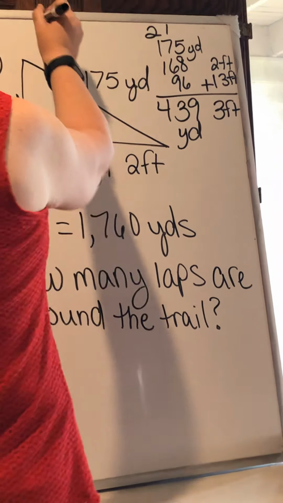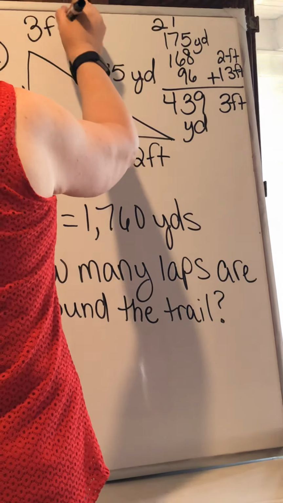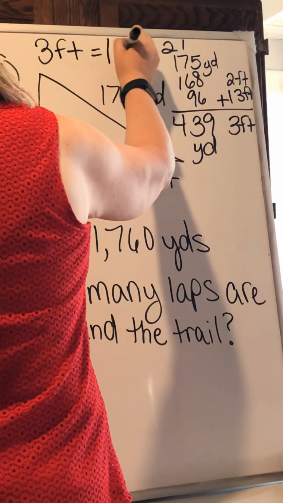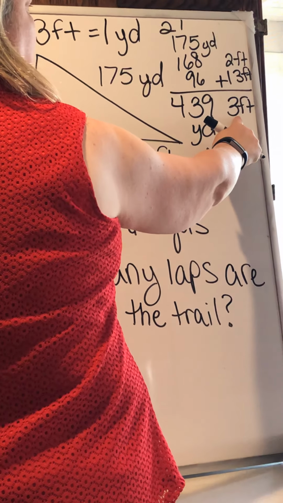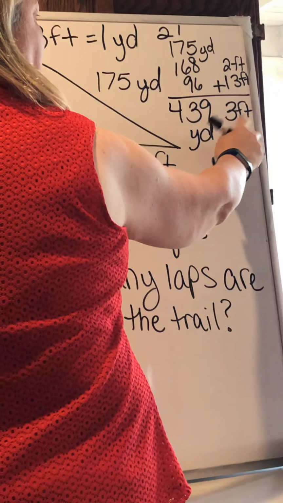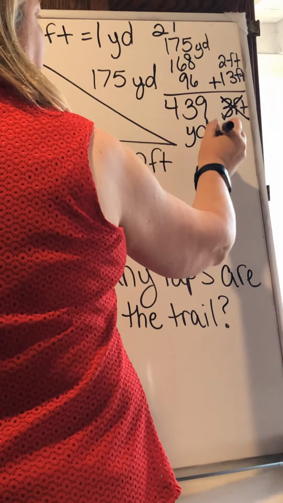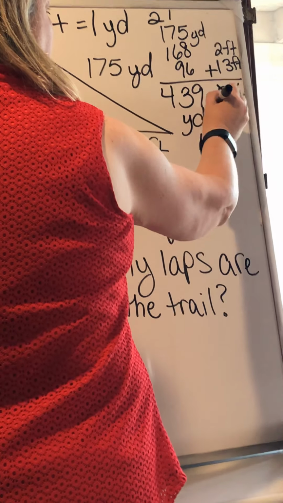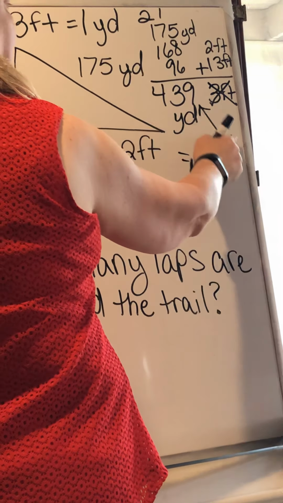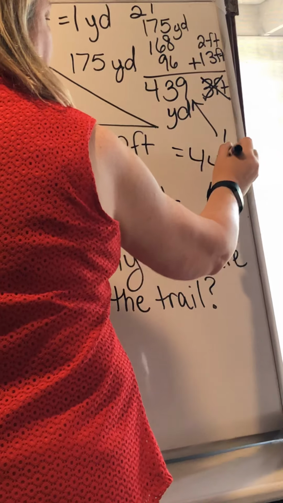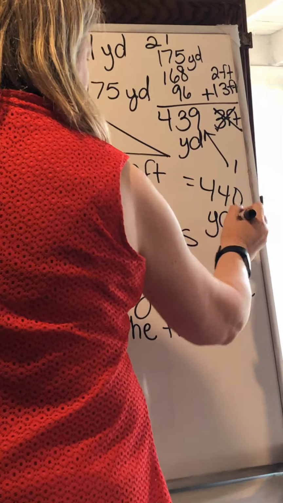Well, there are 3 feet that equal 1 yard. So we have 3 feet here. We could take away these 3 feet and add 1 yard to this. And it totals altogether 439 plus 1 makes 440 yards.